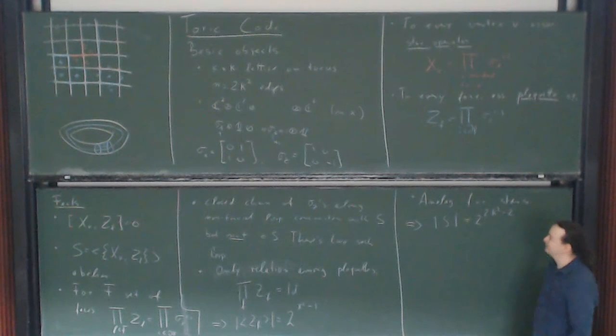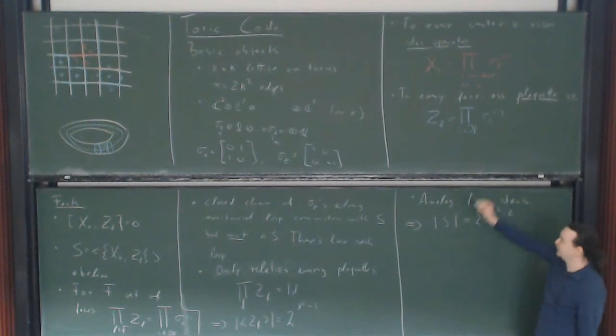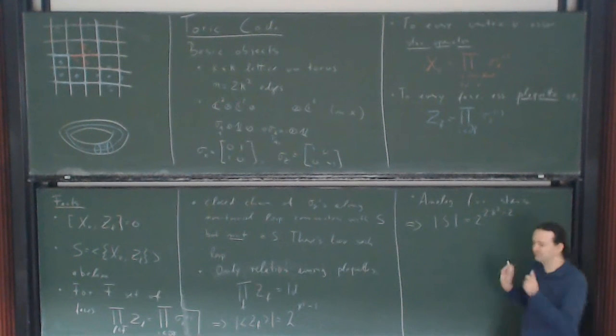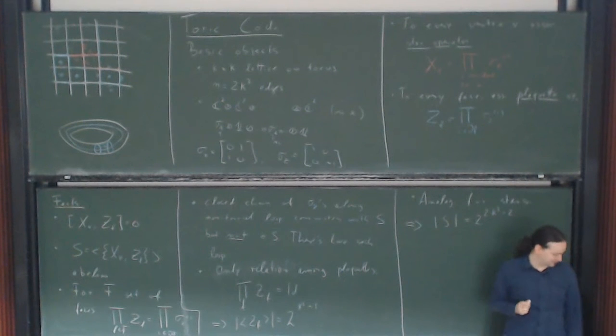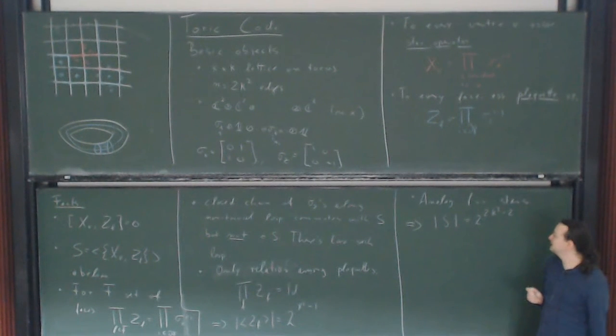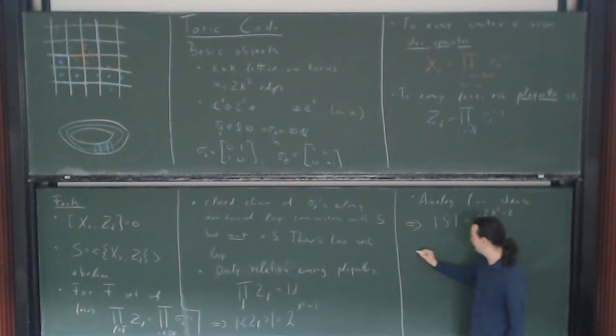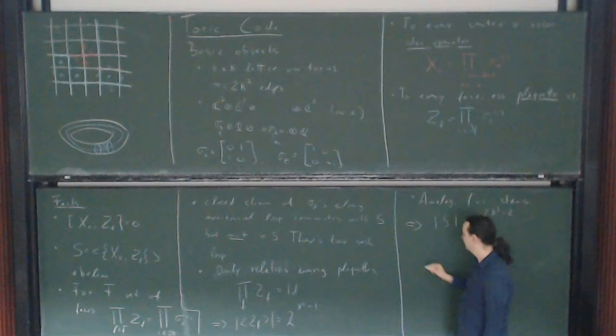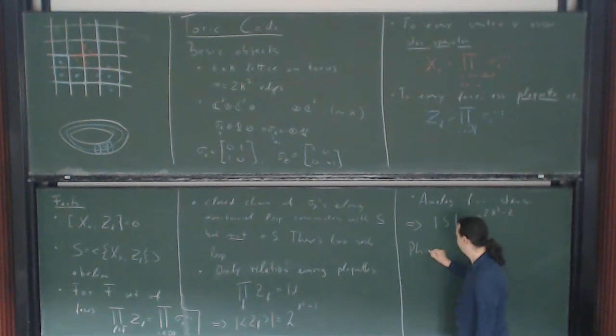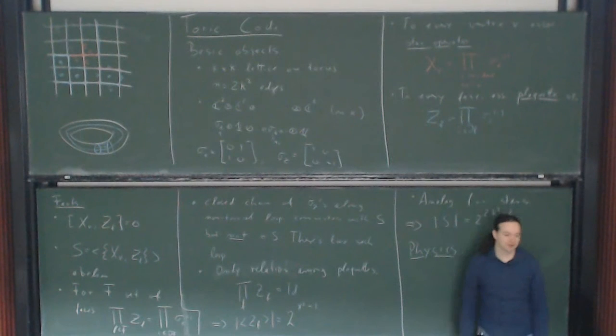And now, in all this discussion we have kind of felt that topology enters somehow, but what do we do with that now in physics? So this was all just some operators on some tensor product space. So what do physicists do? They write down a Hamiltonian.